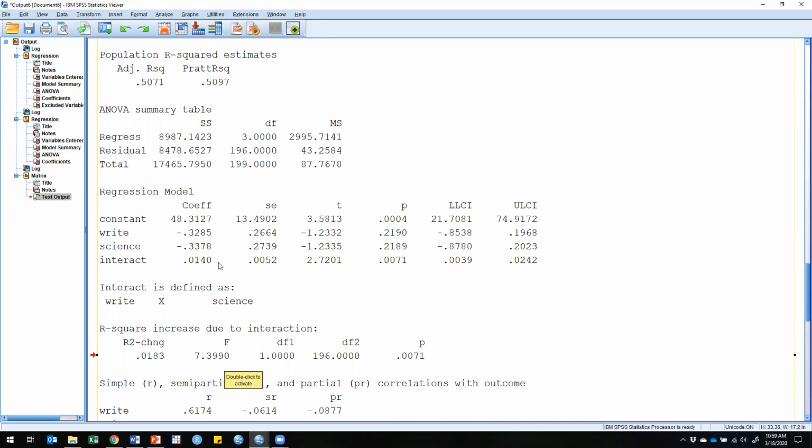You can see that the interaction effect is the incremental increase in the conditional effect for each unit change. This is the conditional effect of writing on math achievement when science is 0, and it increases for each 1 unit increase in science. That conditional effect changes by this interaction effect.